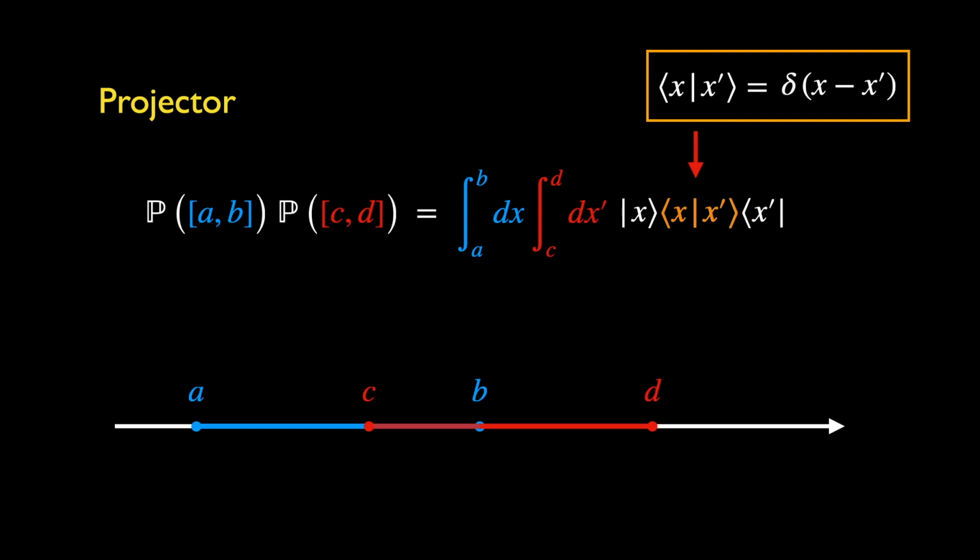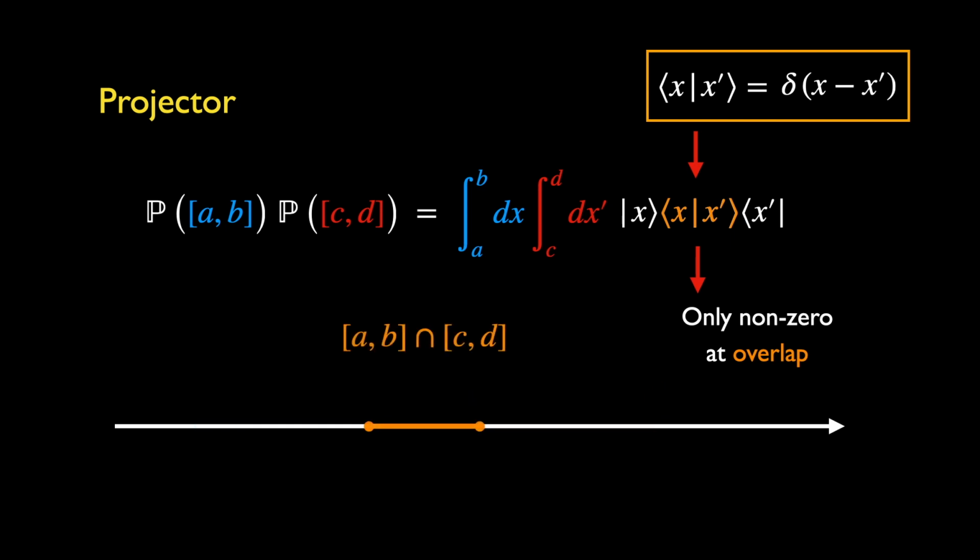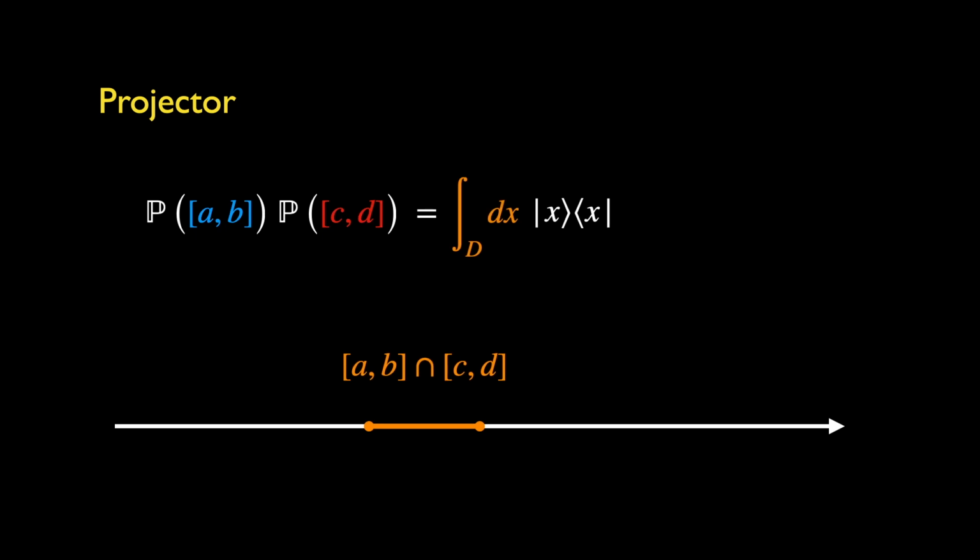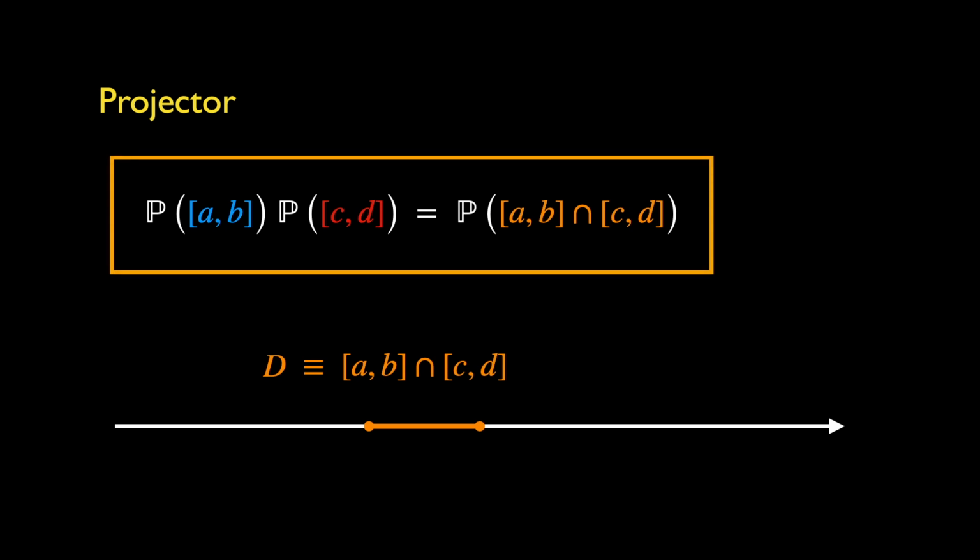This delta function is only non-zero in the overlapping domain of intervals AB and CD, where x is equal to x prime. This results in an integral over the intersection of the two intervals, denoted by D. Hence we obtain the property that the composition of two projectors gives another projector into their intersection.